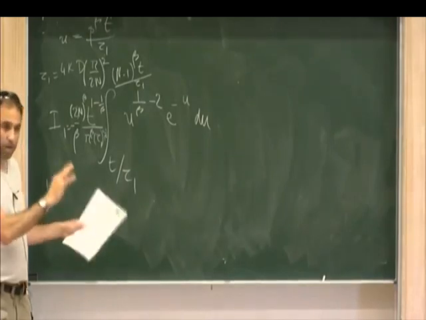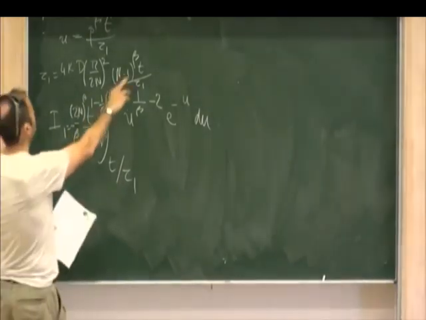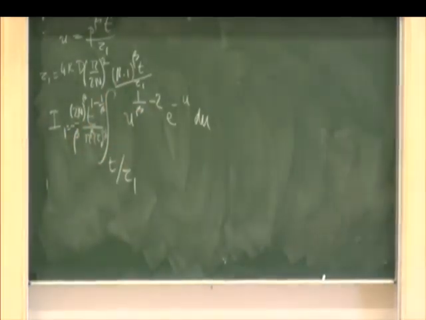I skip some steps, but basically you just write this as u. You express p as a function of u. So if you have something to the power beta, basically the p that is going to be here is going to be, so like p squared something is equal to u.